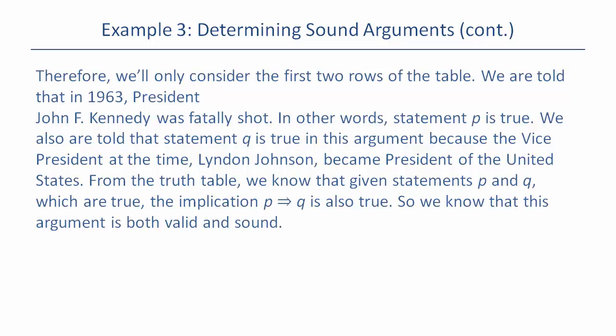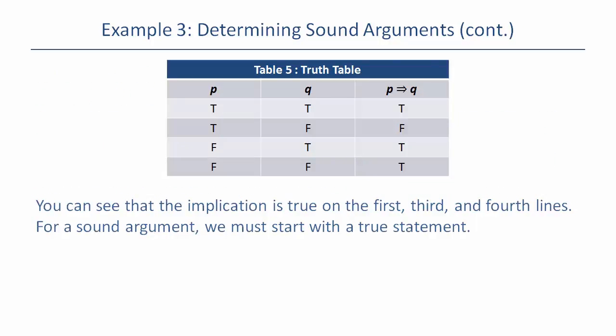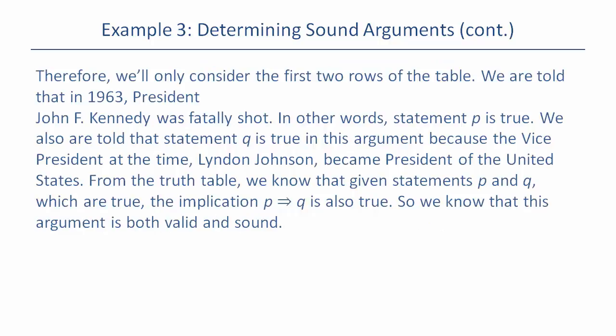Why are we doing that? Well, you can see that the implication is true on the first, third, and fourth lines, i.e., this statement is true here, here, and here. So we must start with a true statement. That means row 2 just doesn't exist in our world.